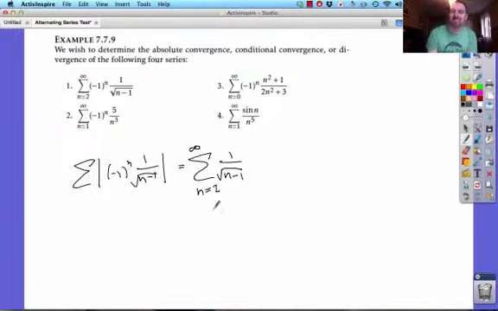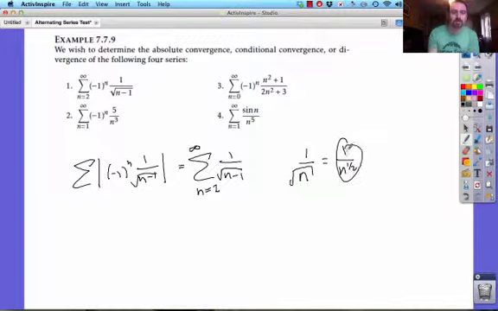Is this convergent? We could use the direct comparison test to compare this to 1 over root n, or we could use the limit comparison test. And we know that this is divergent because it's a p series with n to the 1/2 power.